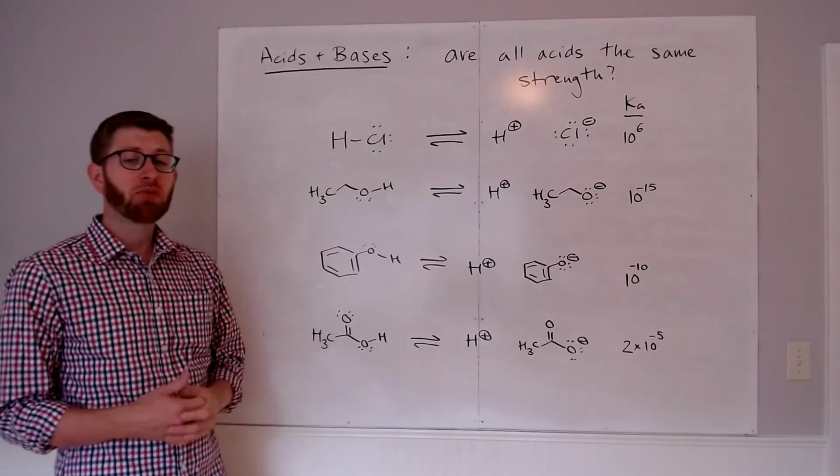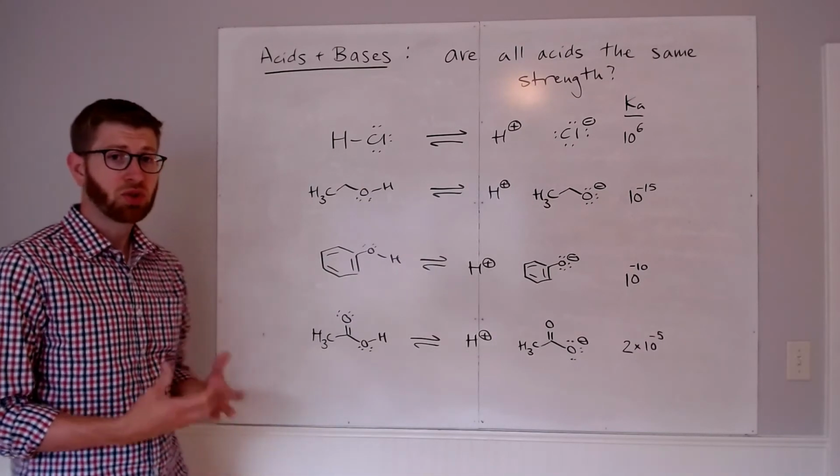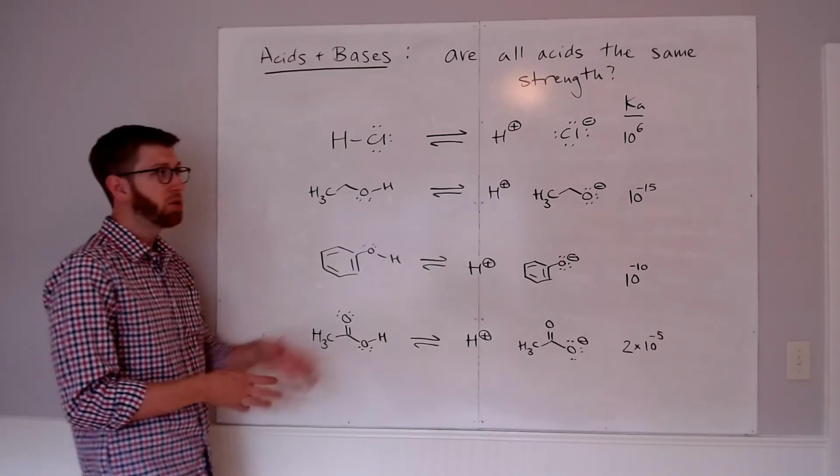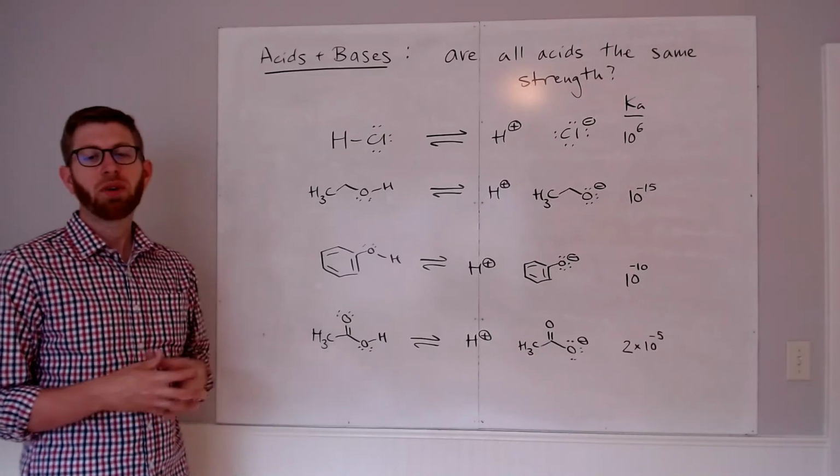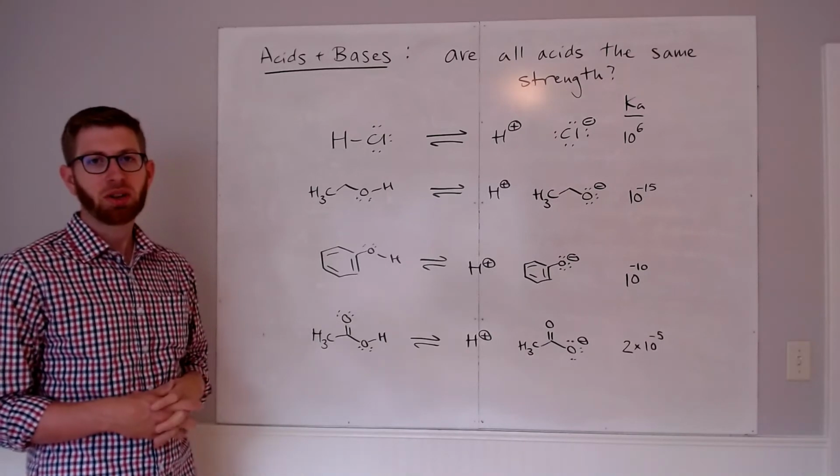It turns out that the rationalizations we come up with, the structural observations that we attribute to these changes in acidity, those structural features will also drive almost everything else about the ways that molecules react.